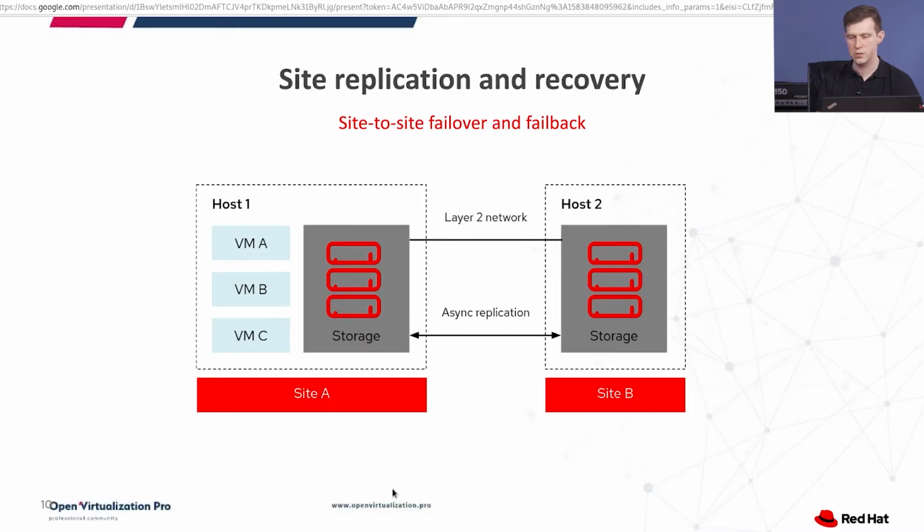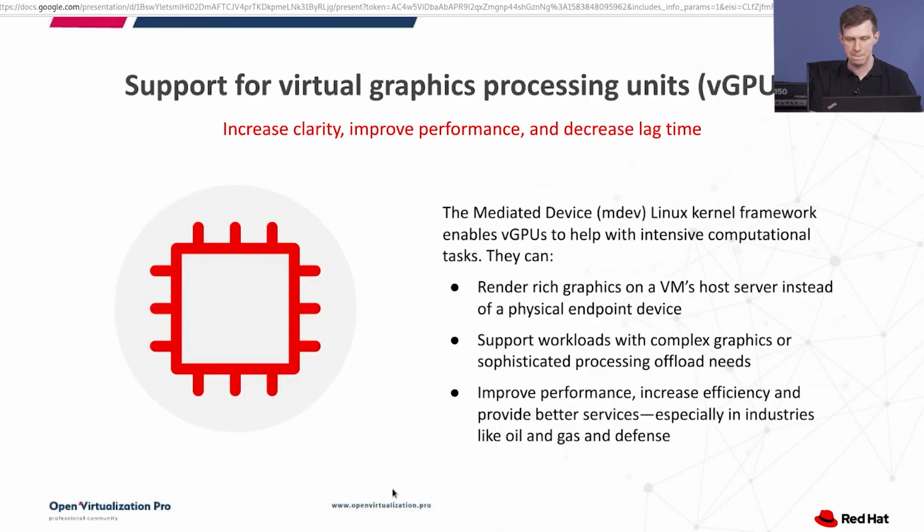It can be done because you can say what volumes will be replicated in which direction, and then recovered. But this site-to-site is based on Gluster. So it's a Gluster native feature, which you can also configure from the interface of Red Hat Virtualization, in this case the hyperconverged one.